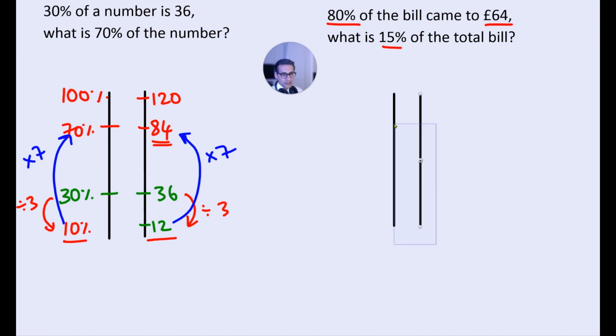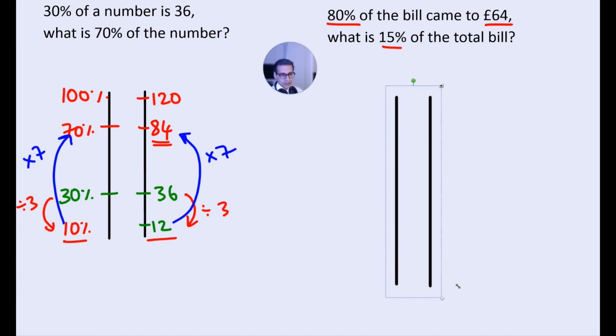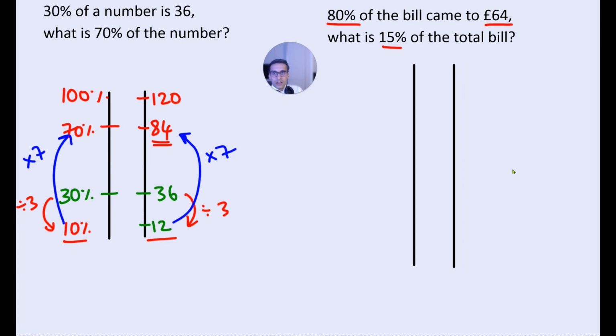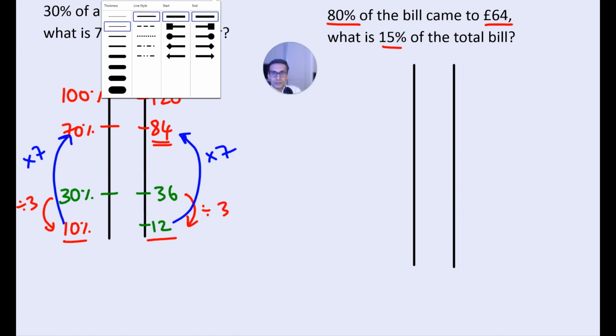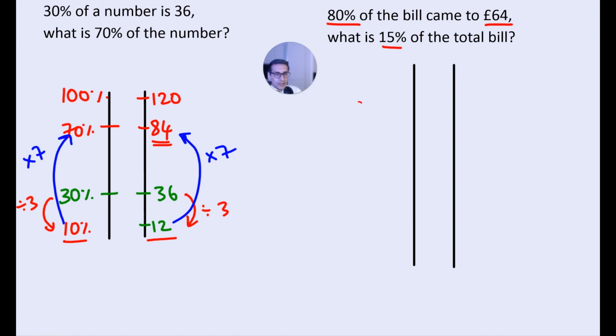I'm going to have to make this slightly bigger so we can see that we've got 80% is equal to 64. Can we work anything out from that? I think these numbers both fit nicely with 8. So 8 goes into both of them quite nicely.